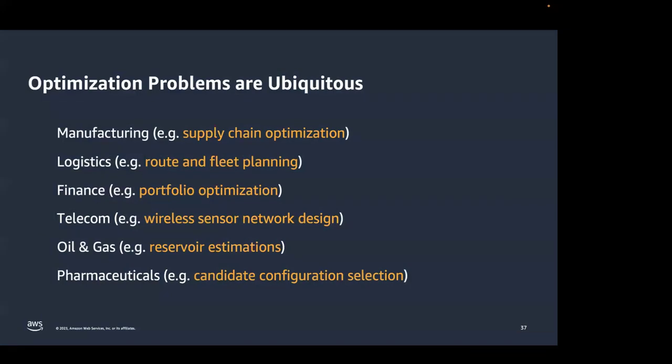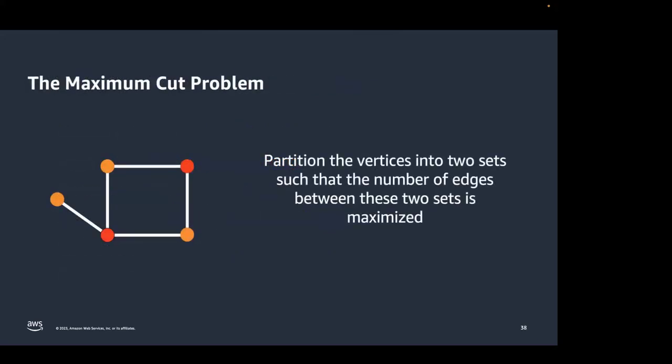the optimization problem with the QAOA. So optimization problems are ubiquitous. I mean, you see them everywhere, for example, in manufacturing, logistics, finance, and all sorts of fields, right? So any attempt towards solving these kinds of optimization problems is going to be useful in many areas of application. One particular problem that is quite interesting is called the max cut problem.